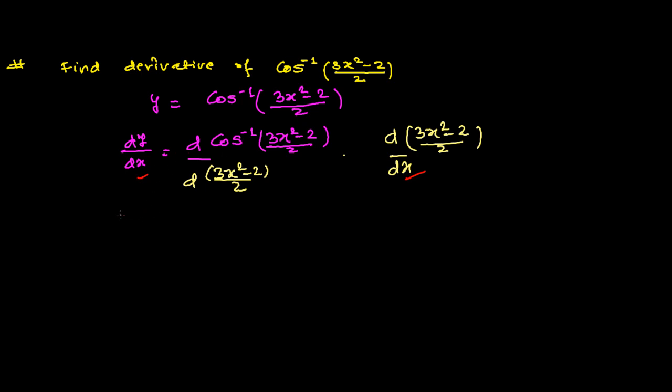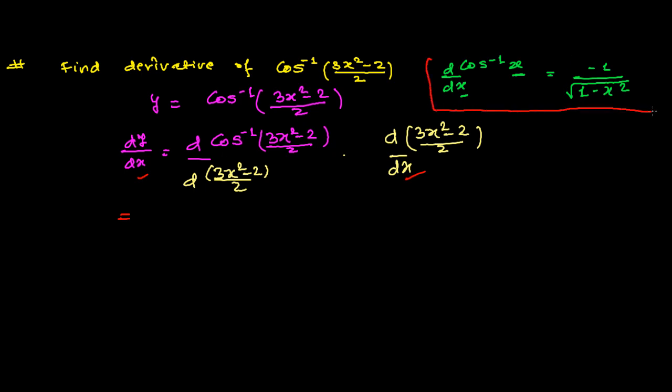Now further, let me tell you one thing. What we had learned is that if we have a function like cos inverse of anything, suppose x, and we differentiate with respect to x only, then it is minus 1 over the square root of 1 minus x squared. This is the formula we had learned, right? Now just compare this quantity with this one, and you'll get exactly the same thing.